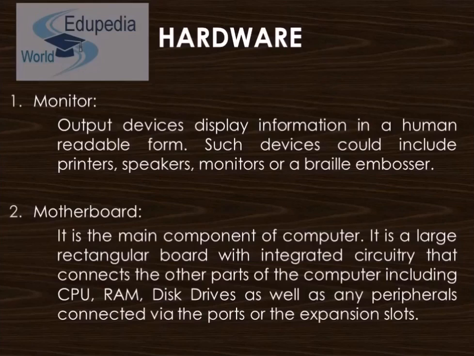It is a large rectangular board with integrated circuitry that connects the other parts of the computer, including the central processing unit, random access memory, disk drives, as well as any peripherals, where all the input and output devices are named as peripherals, connected via the ports or the expansion slots.